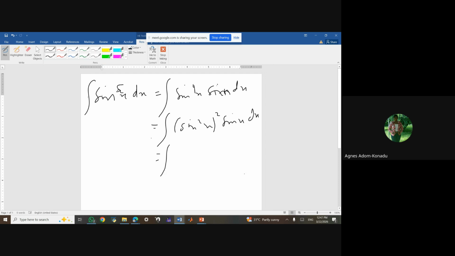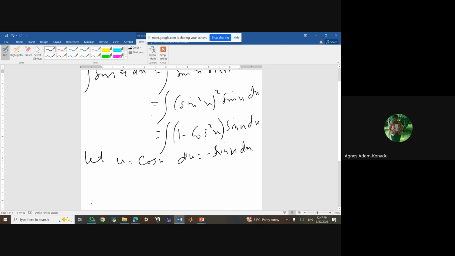And we know this is the same as 1 minus cos squared x all squared sine x dx. So I now start with my u substitution. I will let u be equal to cos x. Then it means that my du will be equal to minus sine x dx. So this means that my dx will be equal to negative du over sine x.